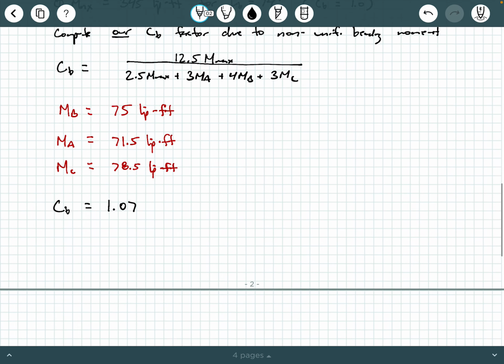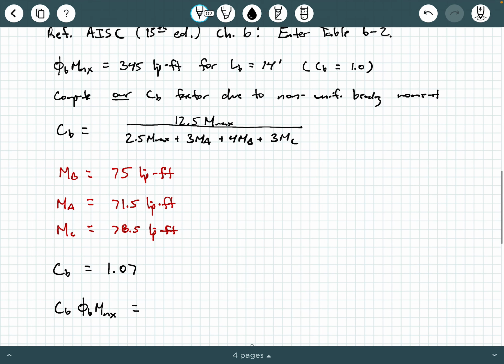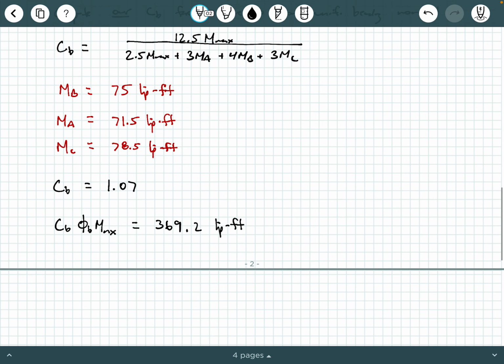So now what you can do is say CB times phi B MNX, and we can squeeze a little bit more strength out of that 345. So we'll say 345 times 1.07, and that gets me to 369.2 kip feet. Now remember, you are bounded by your plastic moment.